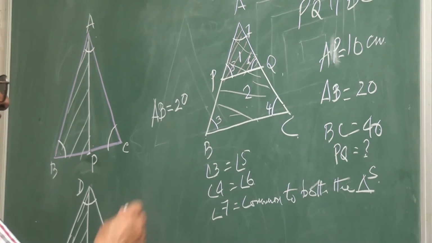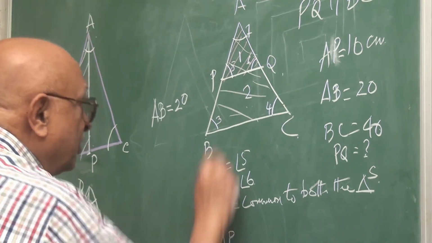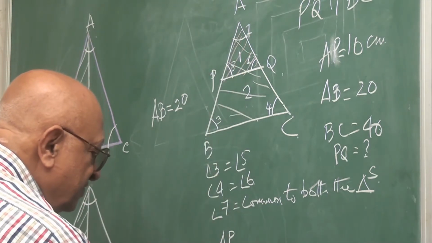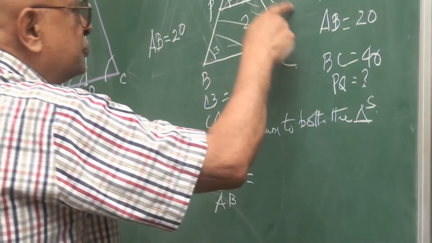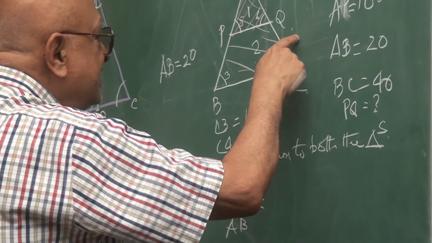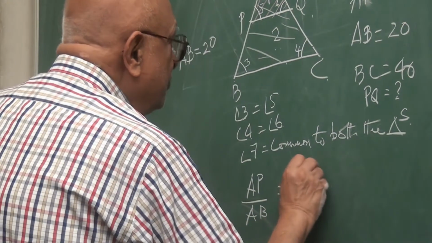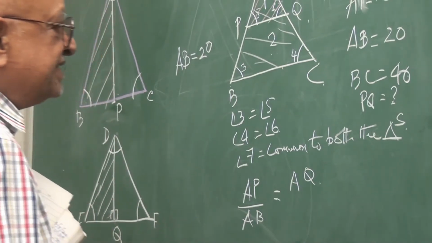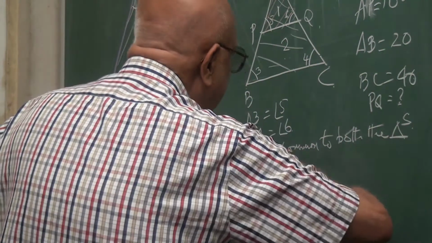So I write AP by AB, taking the smaller one, equal to, taking the corresponding sides, AQ by AC. But it has not given me the value of AC, so I cannot go in that direction.